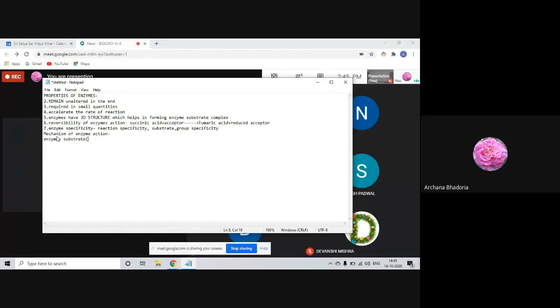In brackets you write down that the substrate is denoted by S, and the enzyme is denoted by E. So E will combine with S and you will find what you will be getting. What you will be getting, children? Tell me quickly. Enzyme substrate complex, so you will write down enzyme substrate complex.